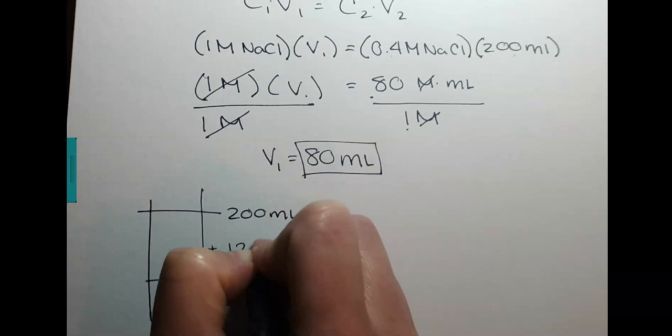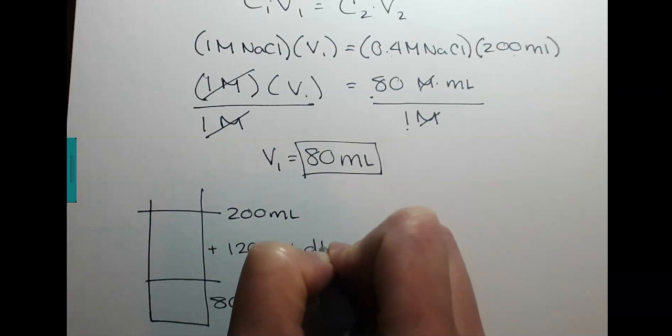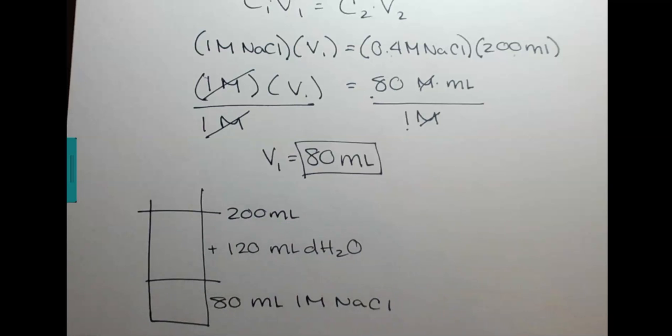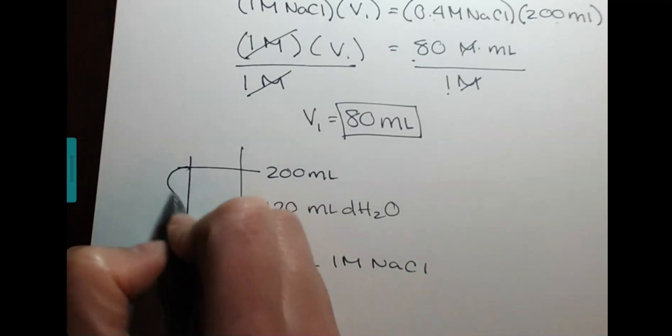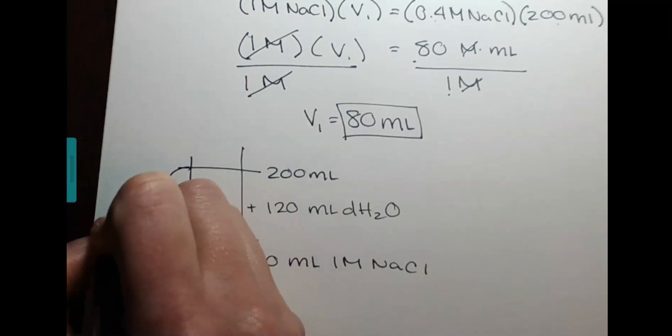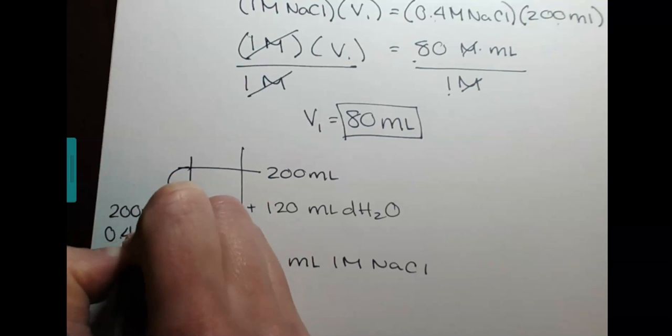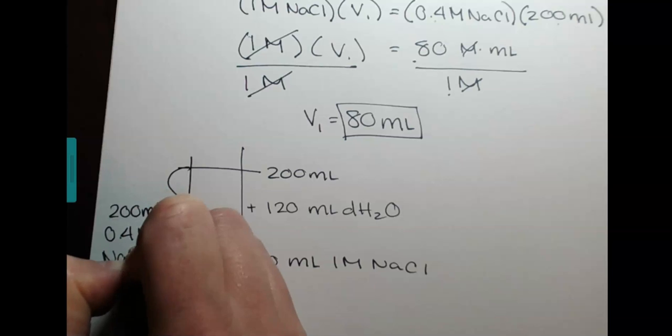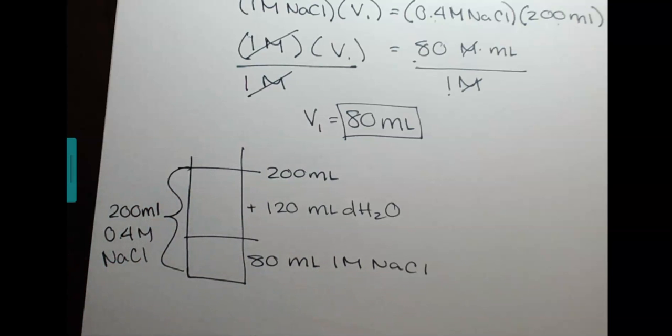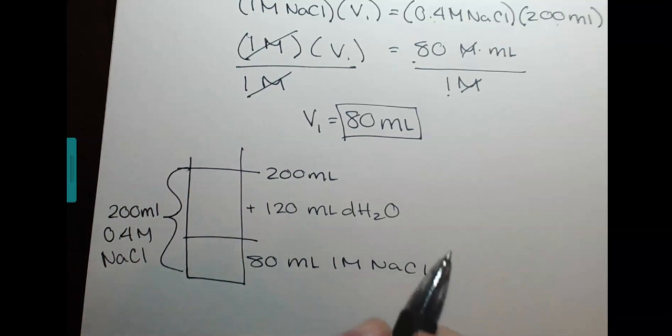And that D just means distilled water. So that gives me my total 200 milliliters of 0.4 molar NaCl. And so this is going to be the way that you make those dilutions. So you'll make a 1 molar stock solution, and then from that you'll dilute down to all of the other concentrations.